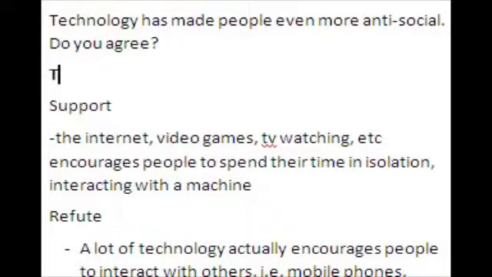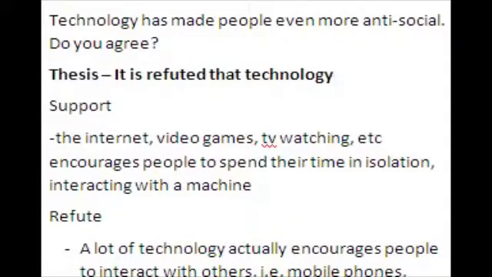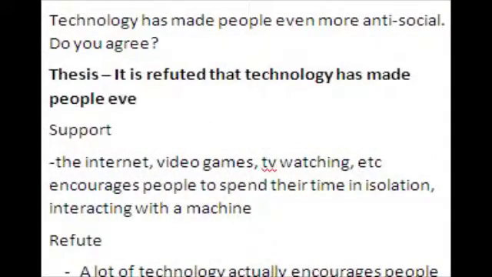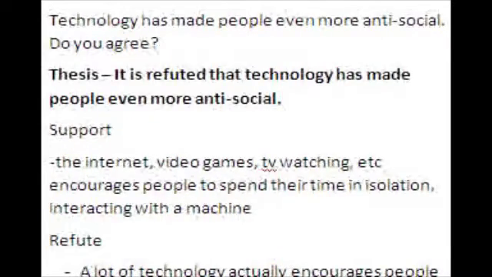perhaps it is refuted that technology has made people even more antisocial. And as I pointed out in the essay question that we worked on before this one, this thesis directly answers our essay question.